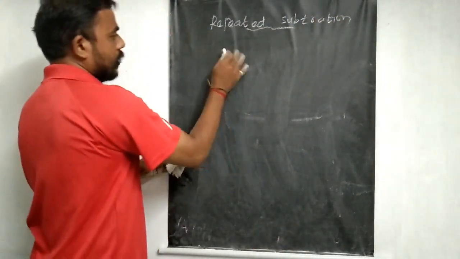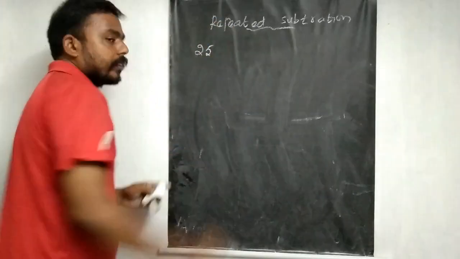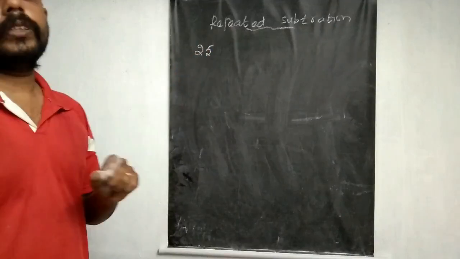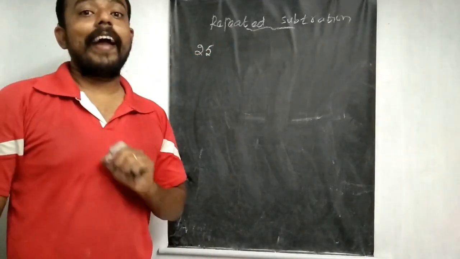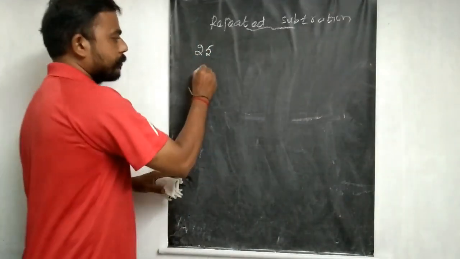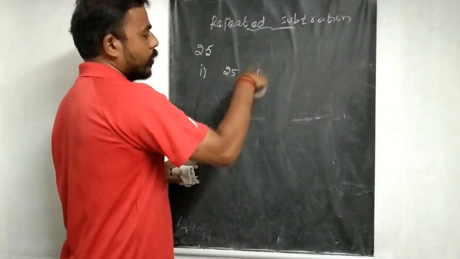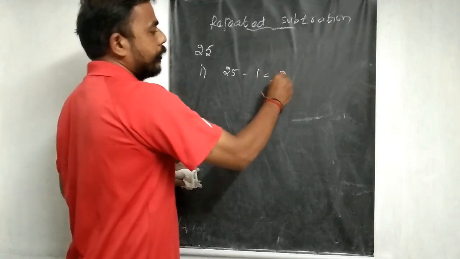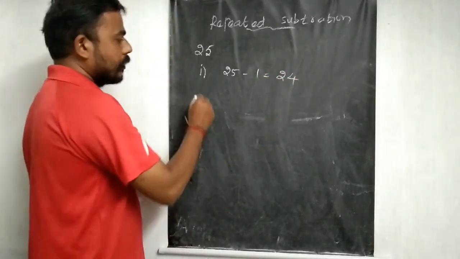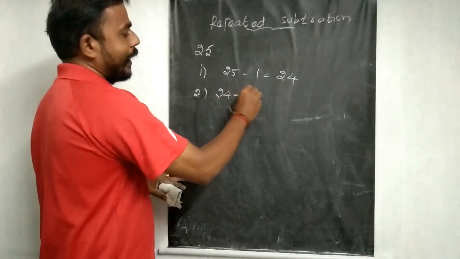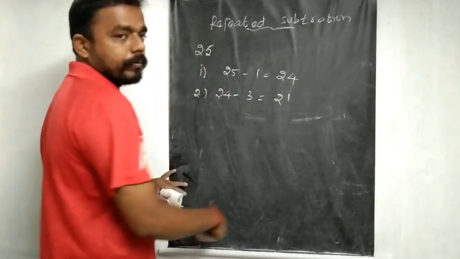Now suppose 25. We are going to subtract this number by using consecutive odd numbers. First step: 25 minus 1, we get 24. Second step: 24 minus 3, we get 21.